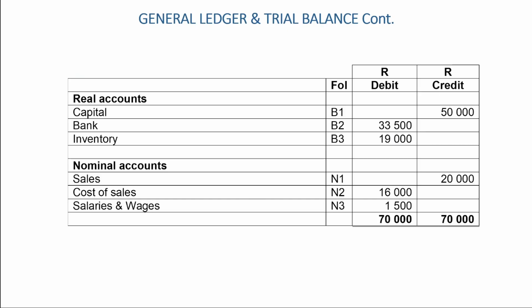The most important thing to understand is that your trial balance at the end of the day needs to balance. Whatever total you have on the debit side should be exactly the same as the one on the credit side, because the trial balance is summarizing all the balances of movement of money within the business during a specific financial period. So all of these have to balance.